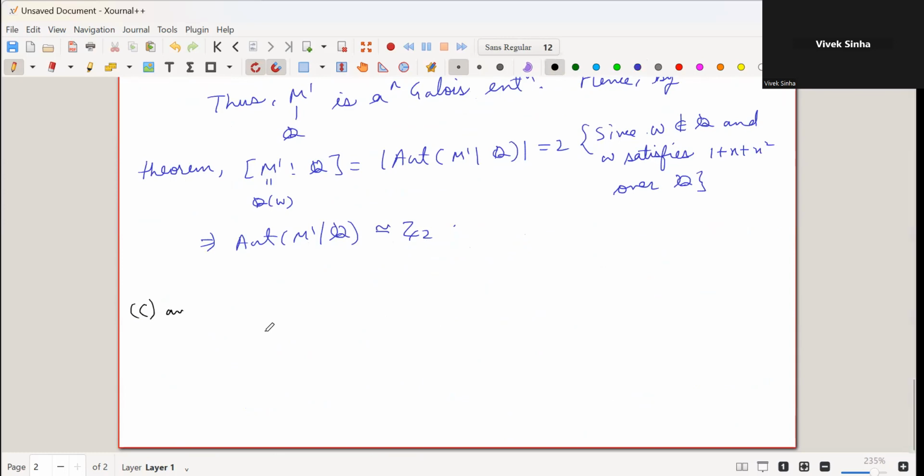C and D, we will handle both of them combinedly. Here M double dash is Q(i, omega).